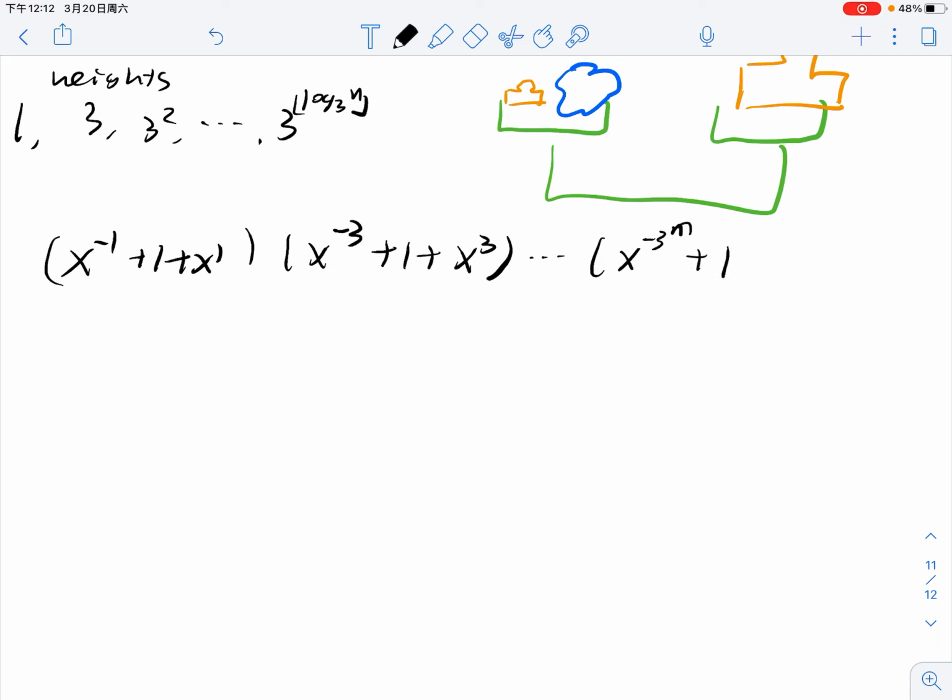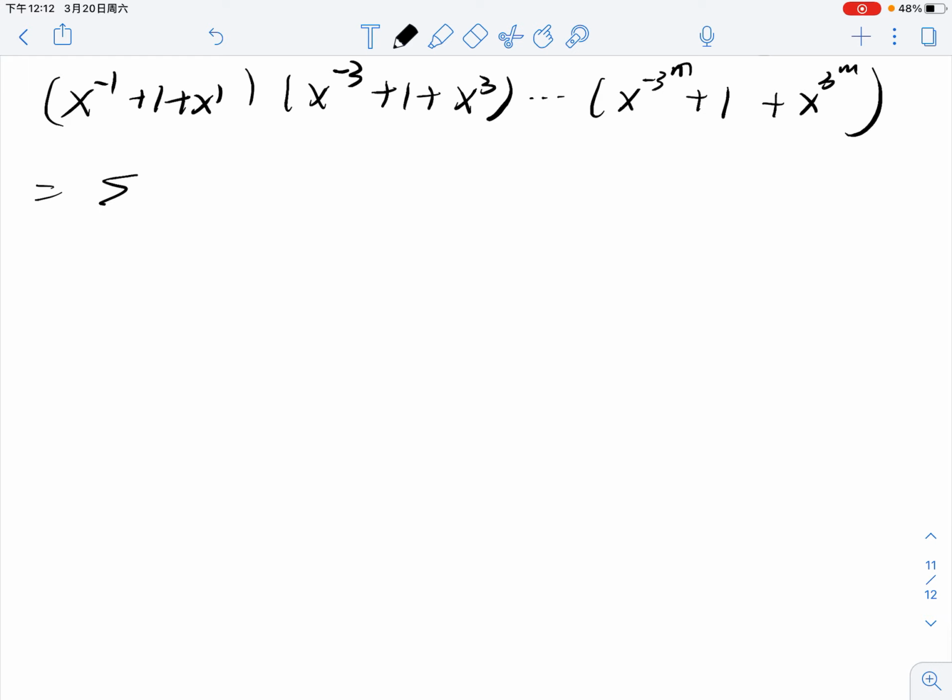So the generating function does not necessarily have to be a polynomial or an infinite sequence of polynomials. It can also have some negative part, so the fraction part. Three to m, and this will be summation from negative infinity to infinity.